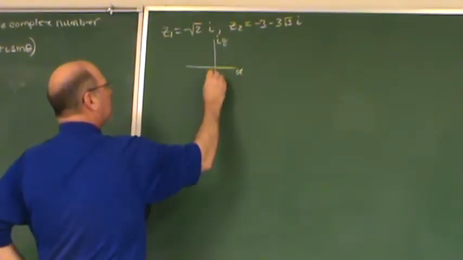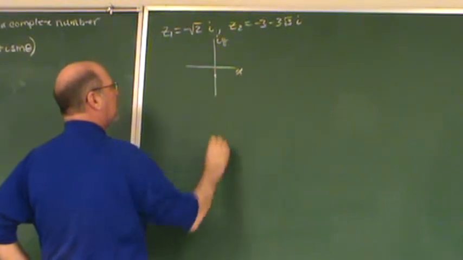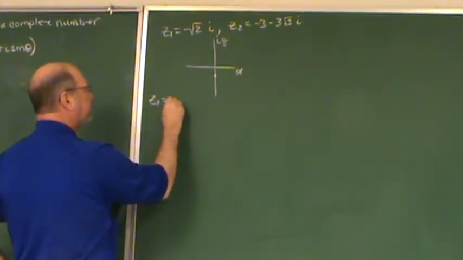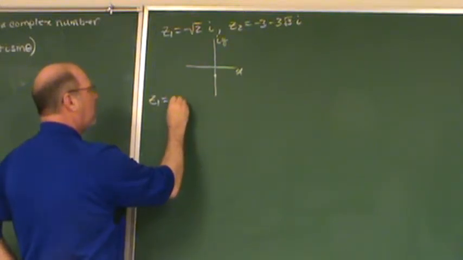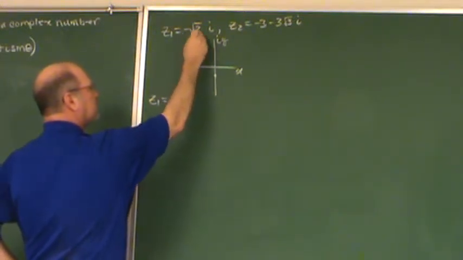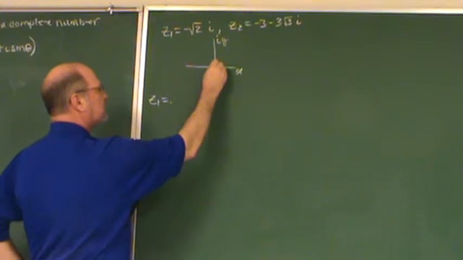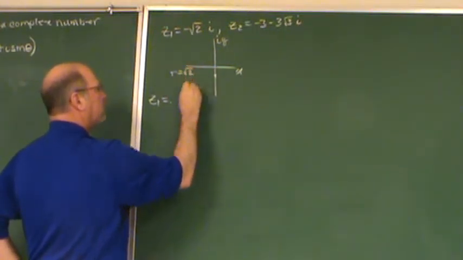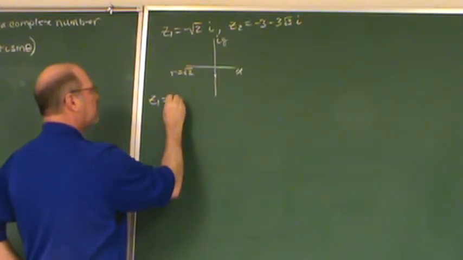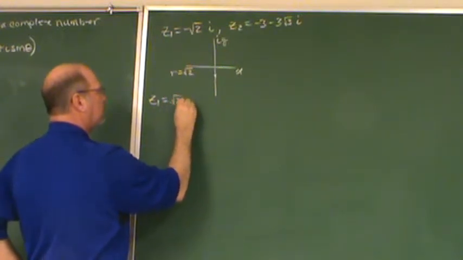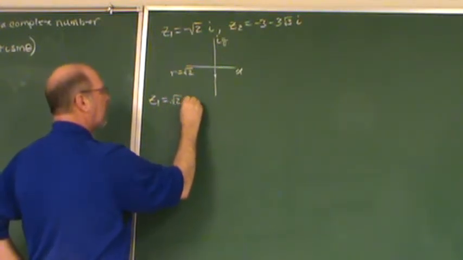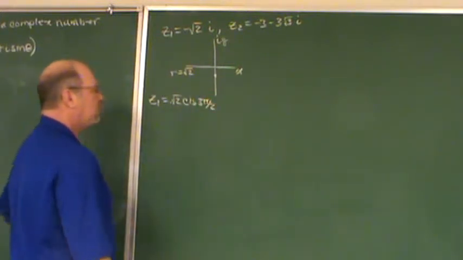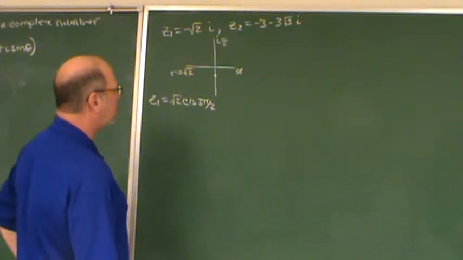The negative square root of 2 i is going to be down here somewhere. So we can say that z1 is, because it's just a complex number, the distance from here to here, r, is the square root of 2. So z1 is going to be the square root of 2 cis 3 pi over 2, because this angle is 3 pi over 2.